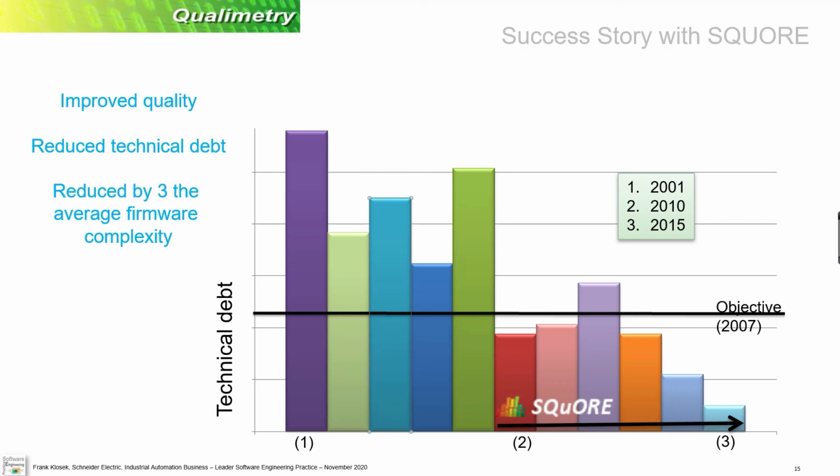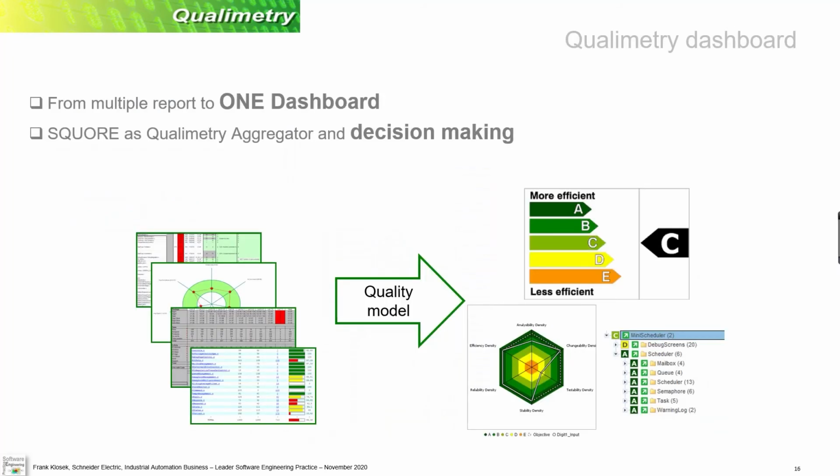It's our reference when we talk about making something happen with Squore. Of course, less complexity means fewer tests and fewer quality flaws, so we have a clear advantage here: we can show that it's possible to reduce the technical debt.